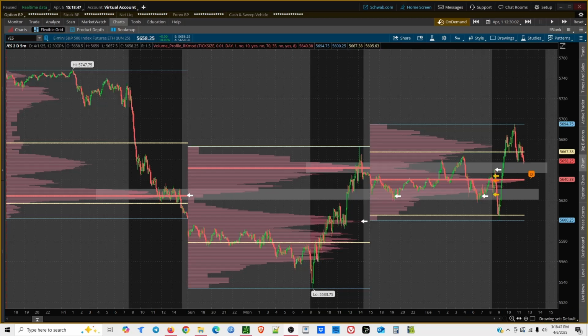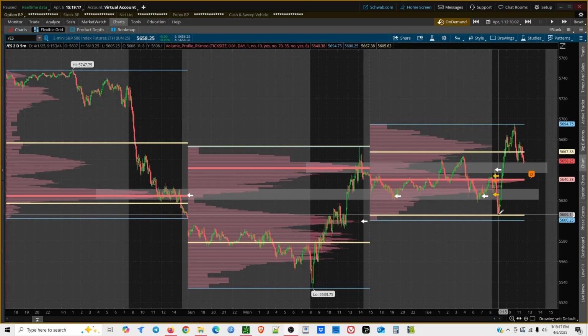And why that's so is I'm going to point out to you in a moment when we talk about weekly POCs and monthly POCs and the importance of those. But before I go on to that, let me point out that the value area lows and the value area highs can play significant roles throughout the day.